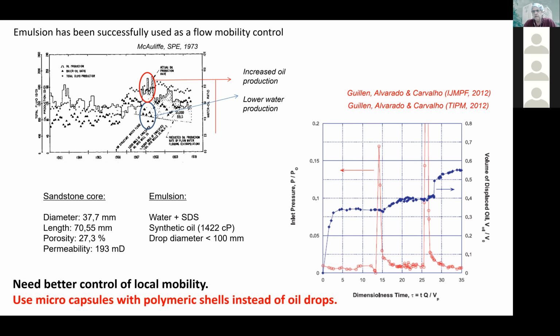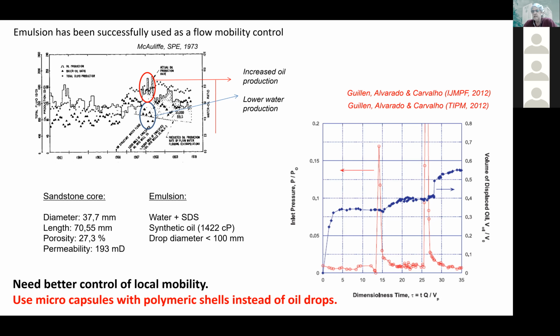One important point is that the degree of pore blocking or mobility change is associated with how hard it is for the dispersed phase to flow through a pore throat. If you're using emulsion, you have very little control of this force, because you could play around with the interfacial properties of an oil drop, but you don't have a lot of control on that variable.